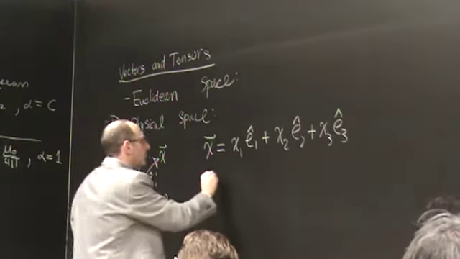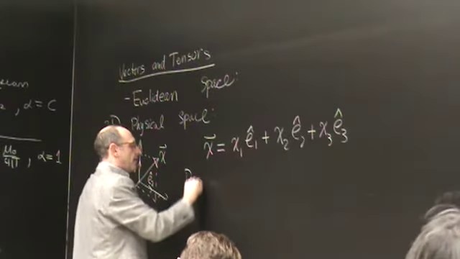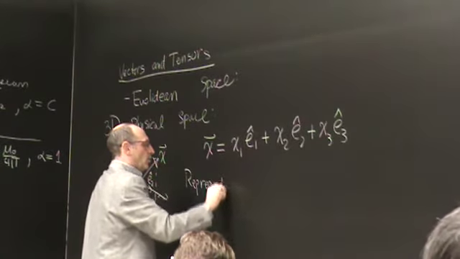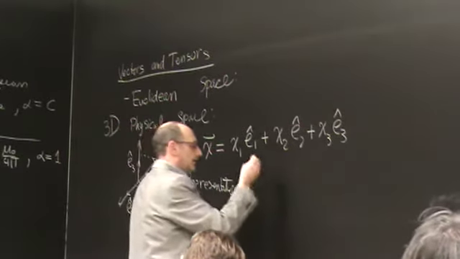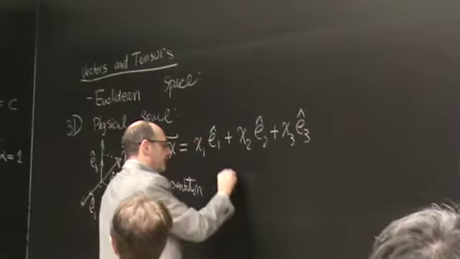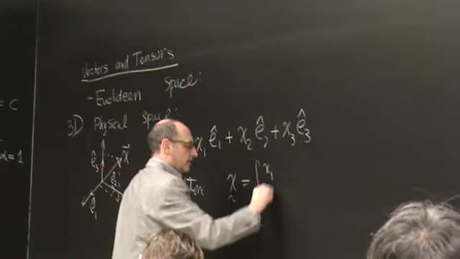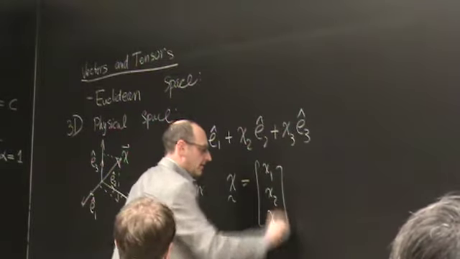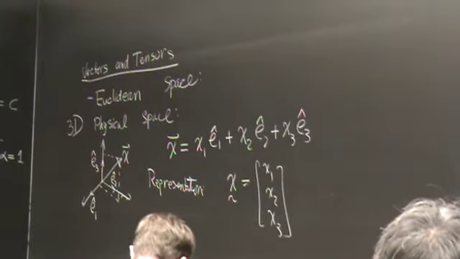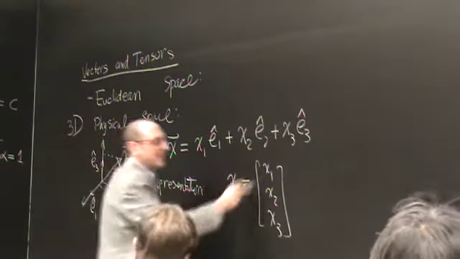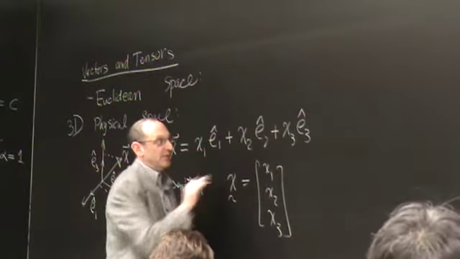The notation I will use is, if I'm talking about the representation of the vector with respect to the basis that is chosen, in this case, then I'll write it as a column vector with a little tilde underneath to say it's a vector, but it's the representation of this vector with respect to the basis.